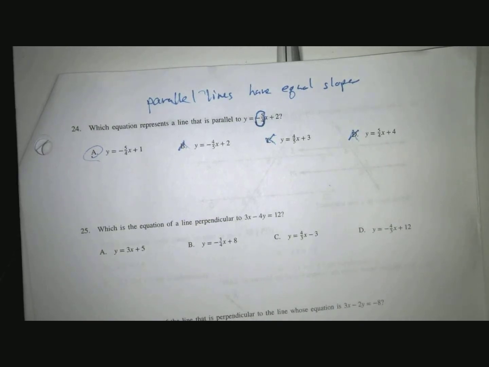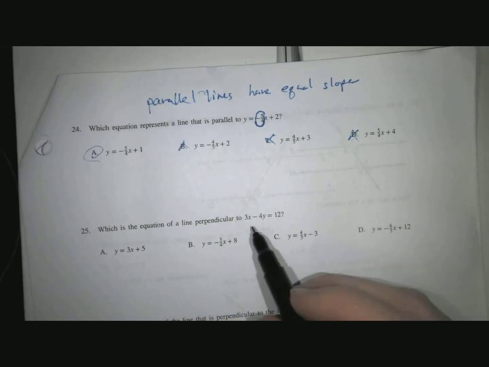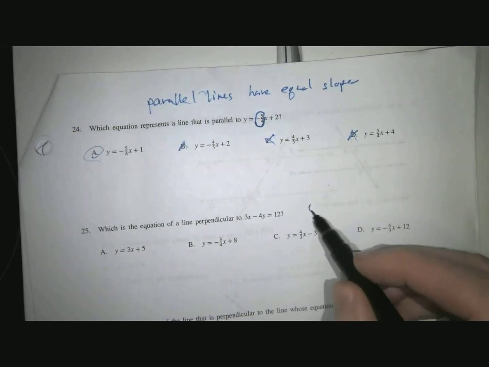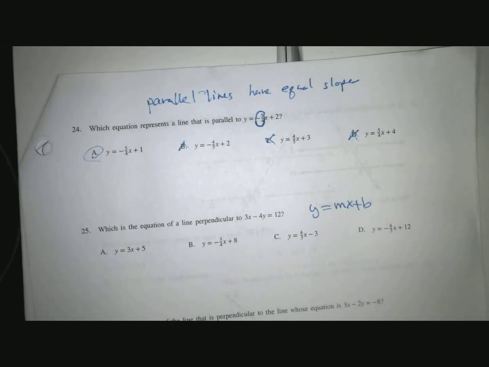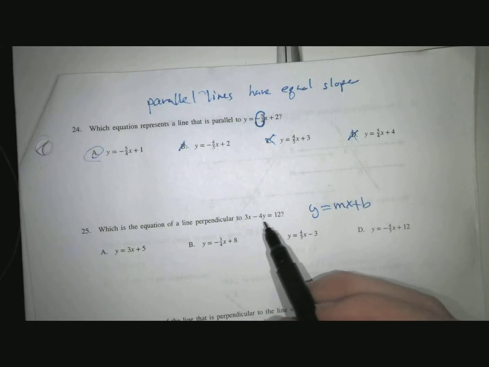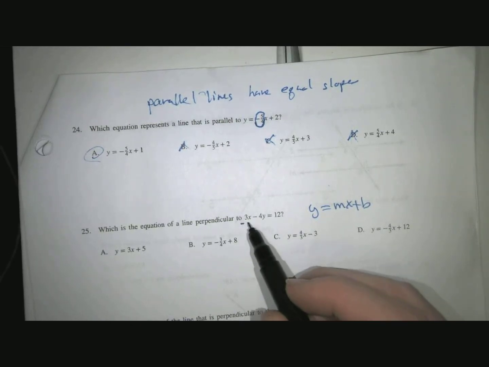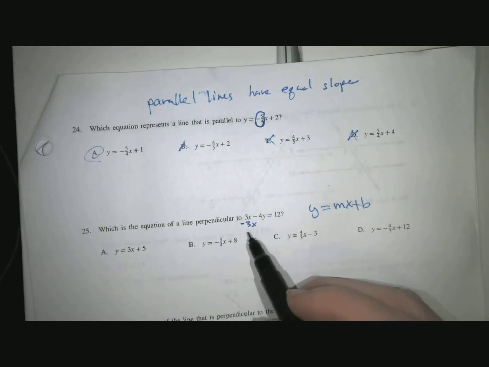25 says, which is an equation of a line perpendicular to 3x minus 4y equals 12. To do this, we need to convert this into my y equals mx plus b form, which means we need to solve for y. So we subtract 3x from both sides.